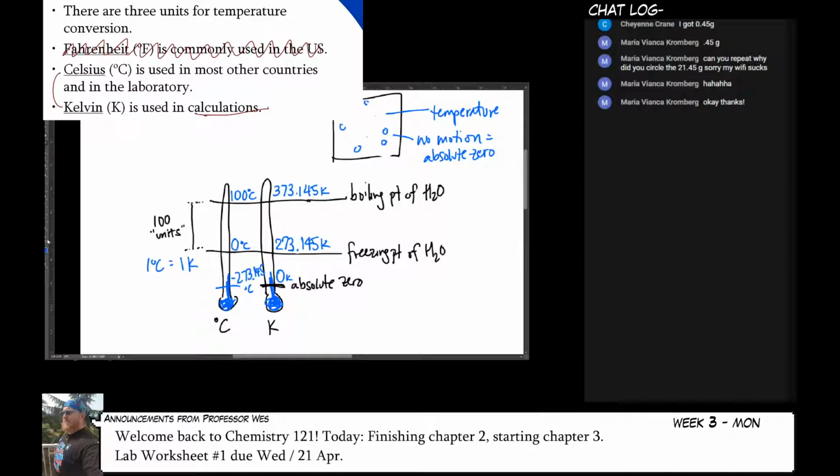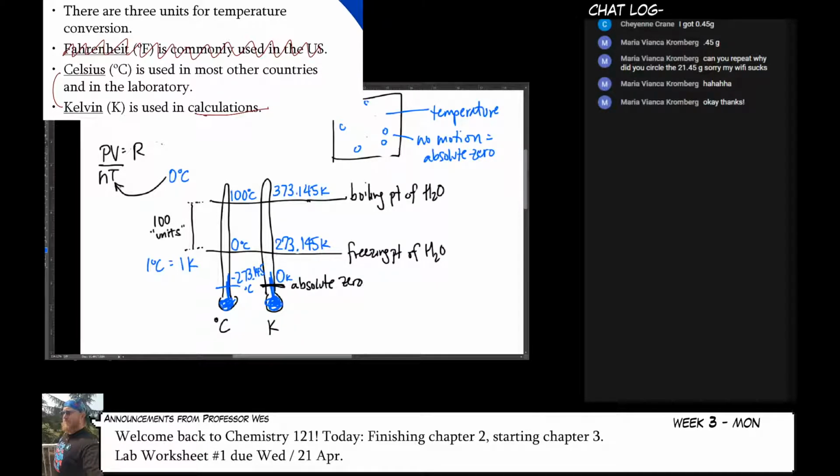The reason we care about Kelvin at all is that sometimes we're going to use equations that have temperature in them. If I put in my temperature in degrees Celsius, this equation just becomes 0. Everything multiplies together and you get 0. Even worse, if I were to divide by that, maybe I'm solving for something different, now my expression is undefined.